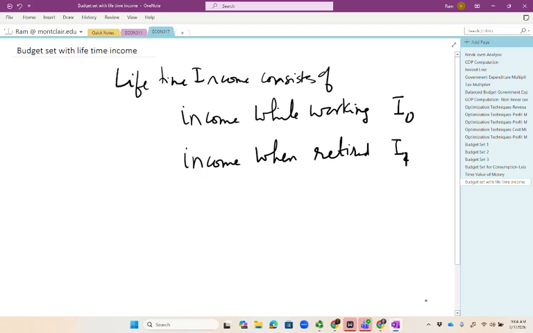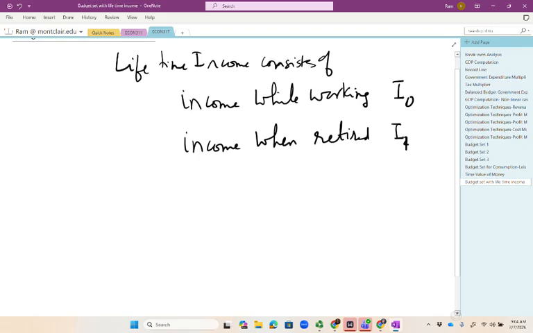So with this, we would like to look at budget sets where the agent, the consumer, derives utility from two consumptions.